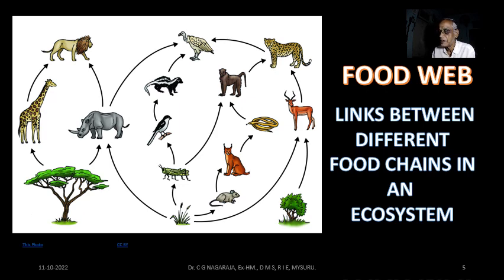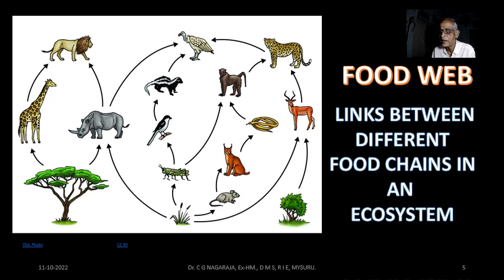From them, different animals eat different types of food. For example, if you look at this, the green plant is eaten by the deer, the deer is eaten by a wild animal like a tiger, and the tiger may be eaten by something else, and birds are eaten. So like that you find a crisscross arrangement of food chains. Many food chains will form what's called a food web.